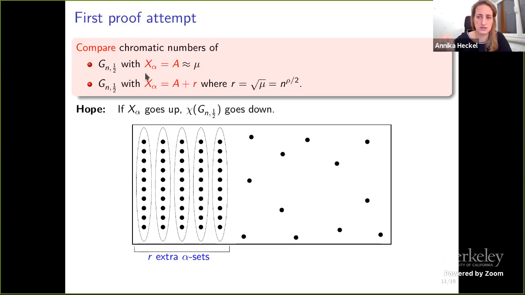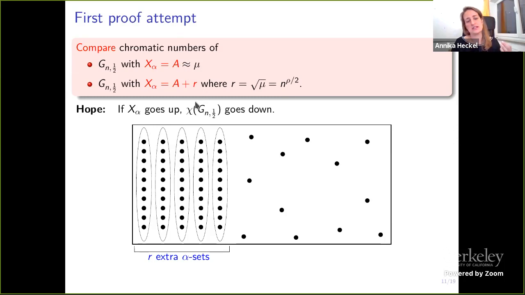So I put in all the alpha sets and conditioned on these being the alpha sets. And then I wanted to compare it to another instance of G(n,1/2), but this time conditioned on a different, still typical number of alpha sets, which is a standard deviation away from the original one.